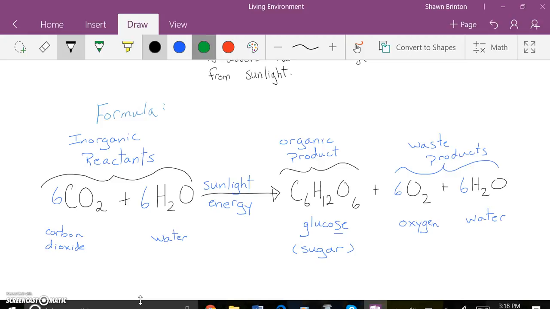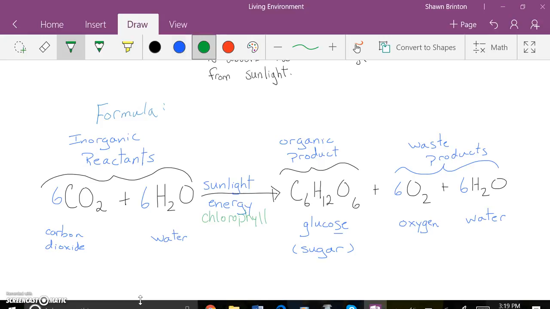And sometimes you'll see chlorophyll written on the line here as well. So make sure you're writing this formula down. Chlorophyll is our green pigment. And then here is our glucose, which is our C6H12O6, which is your sugar. So this is our organic product. And then, of course, the waste products being oxygen and water.